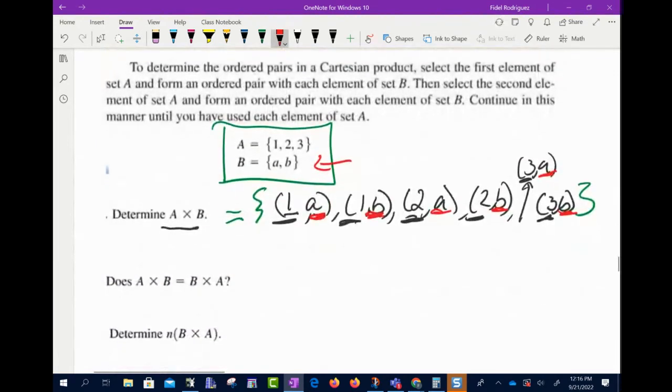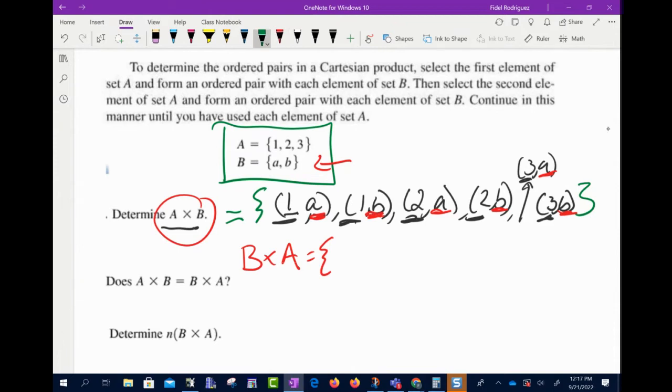Now, the second question says, does A cross B, is that the same thing as B cross A? I don't know. I know what A cross B looks like. Let's see if we can find B cross A. Okay, so I'm going to start making sets.